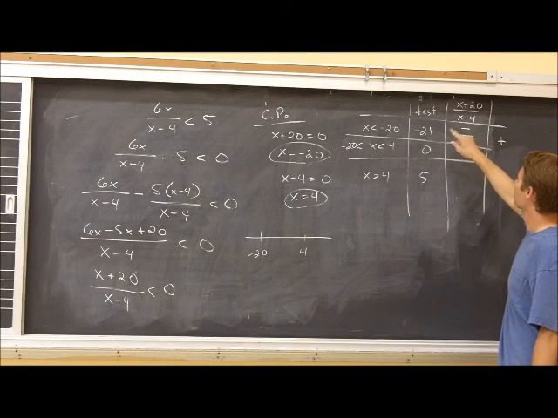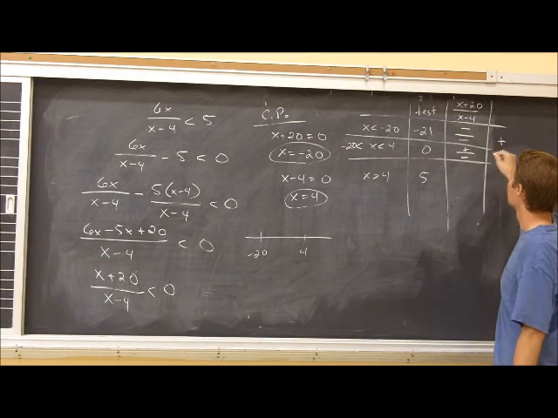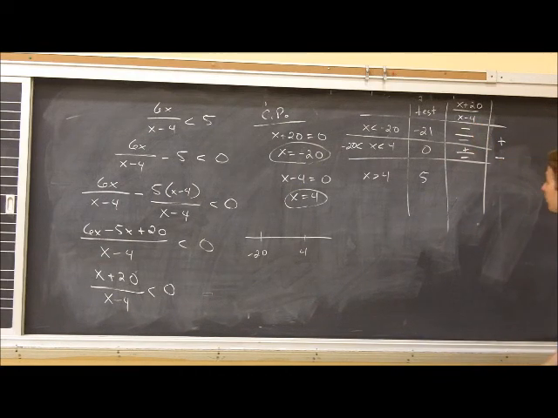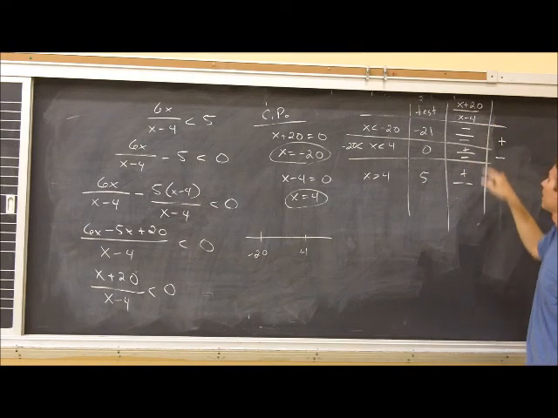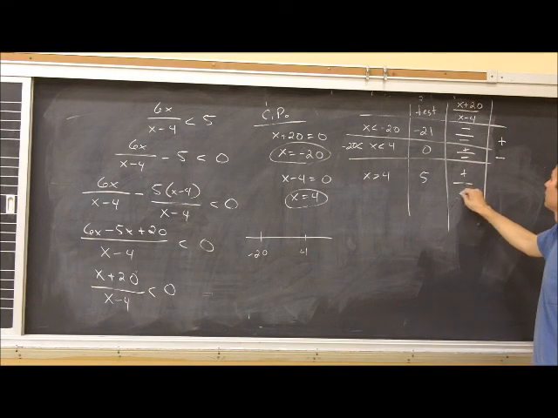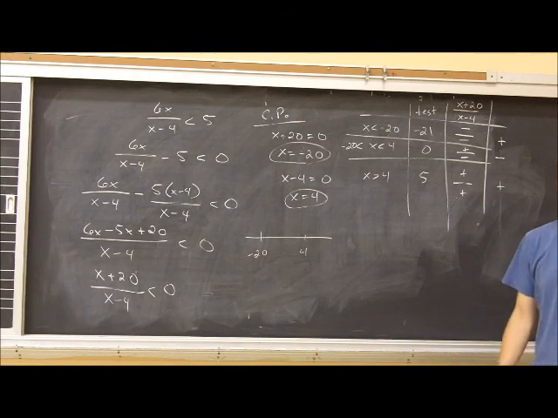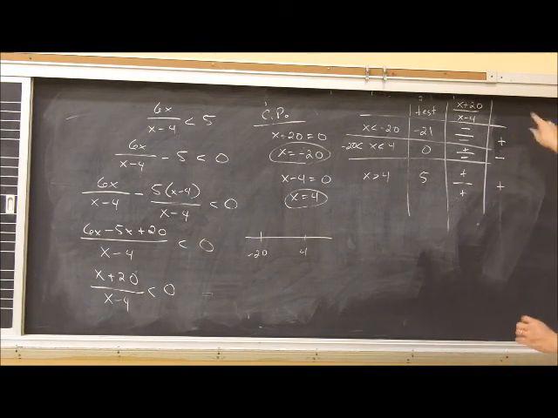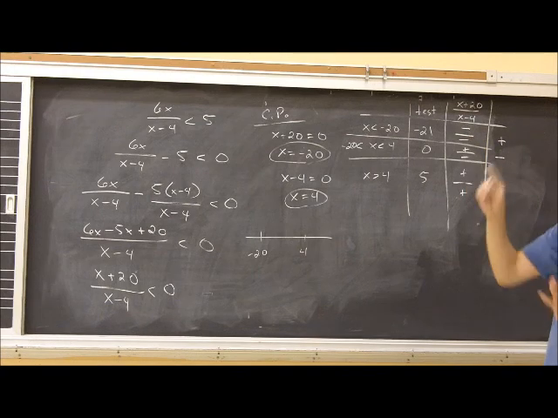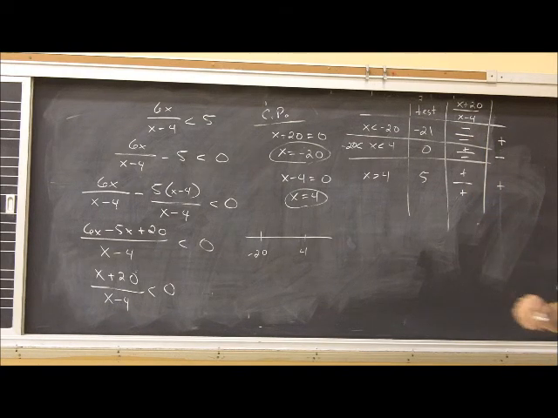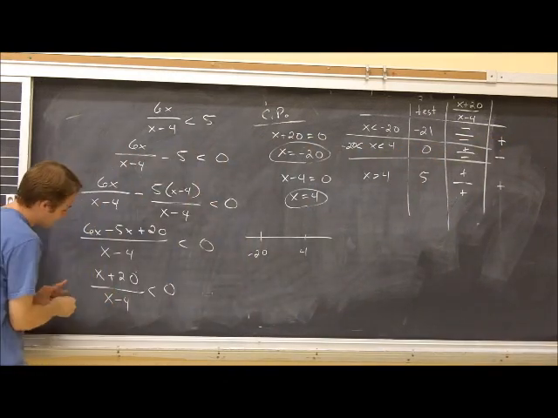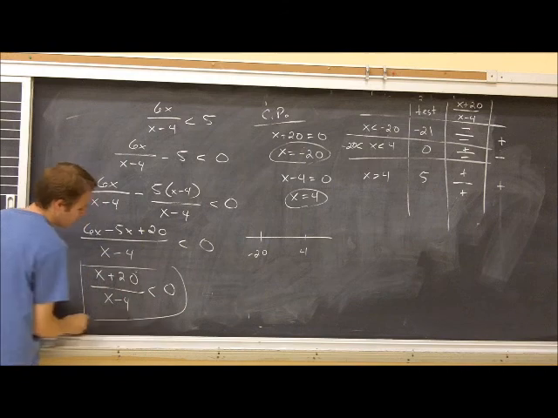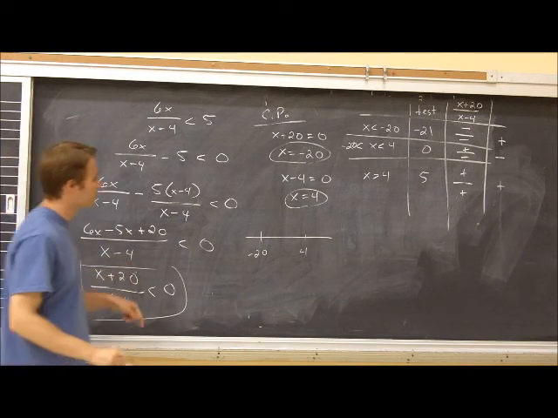0 plus 20 is positive, 0 minus 4 is negative. So this should be all negative on this interval. 5 plus 20 is positive, and then 5 minus 4 is positive also, so everything on this interval should be positive. Now be careful, don't get in the habit of going positive, negative, positive, because every once in a while you run across one that doesn't do that, and it'll trip you up and you'll get the incorrect answer. So I go back and ask myself, remembering I'm looking at this one now because this is the one that has a 0 in it, where is this less than 0?